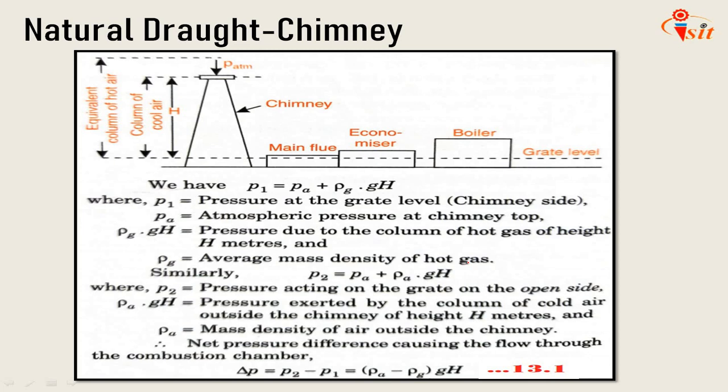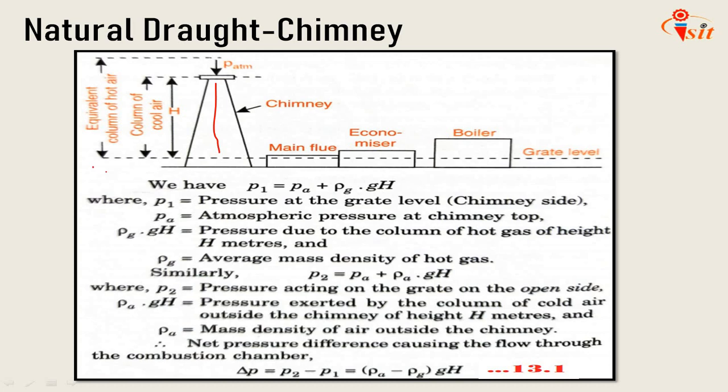A chimney is a vertical tubular structure built either of masonry, concrete or steel. The draught produced by the chimney is due to the density difference between the column of hot gases inside the chimney and cold air outside.